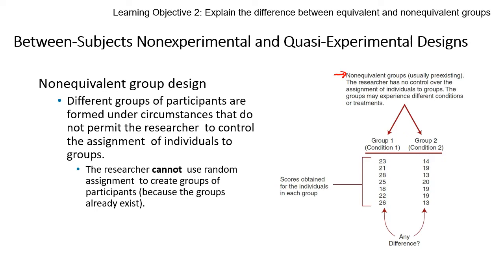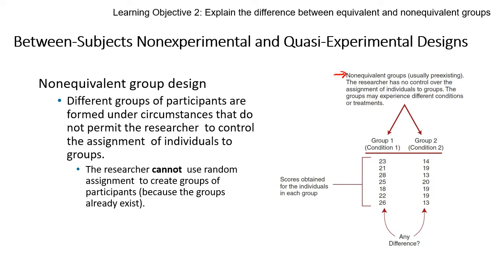But then let's say we wanted to test two different drugs, and we give one to the pre-existing group 1 and the other to the pre-existing group 2. Well, the differences between them may be due to the non-equivalent groups factor, the pre-existing groups factor, or it could be due to the treatment.